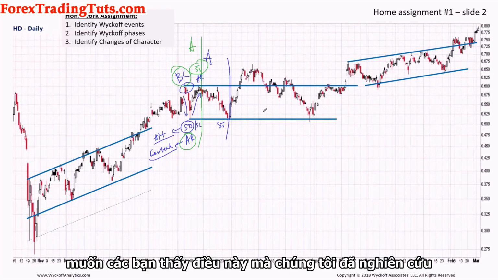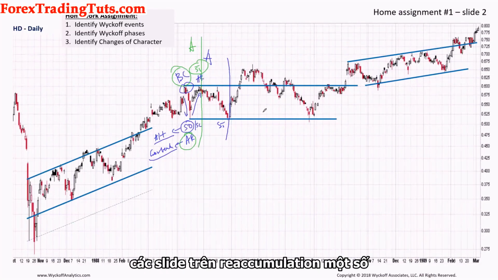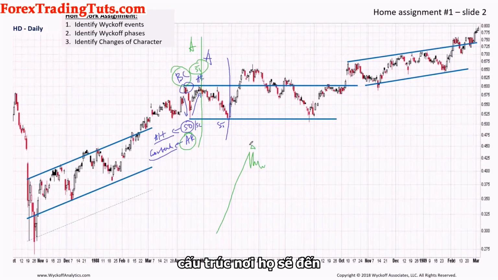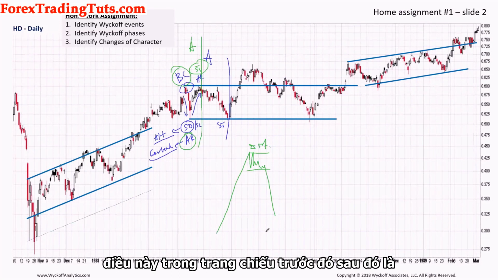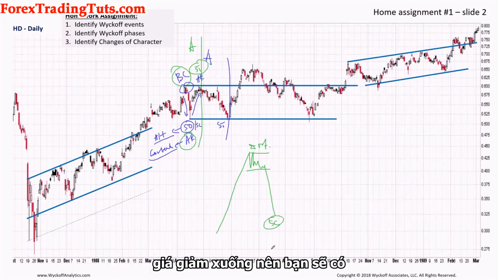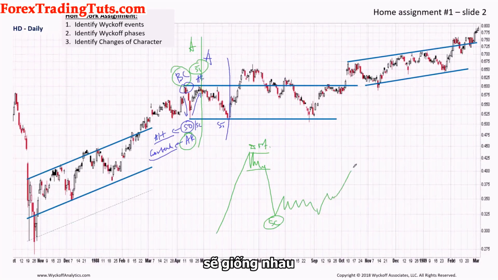And I want you guys to see this. We've studied this in the previous class. I gave you the slides on the reaccumulation. Some of the reaccumulations are going to have the structure where they're going to have a distribution range, and we've seen this in the previous slide. Then the price goes down, so you're going to have a selling climax, and then your labeling is going to be the same.